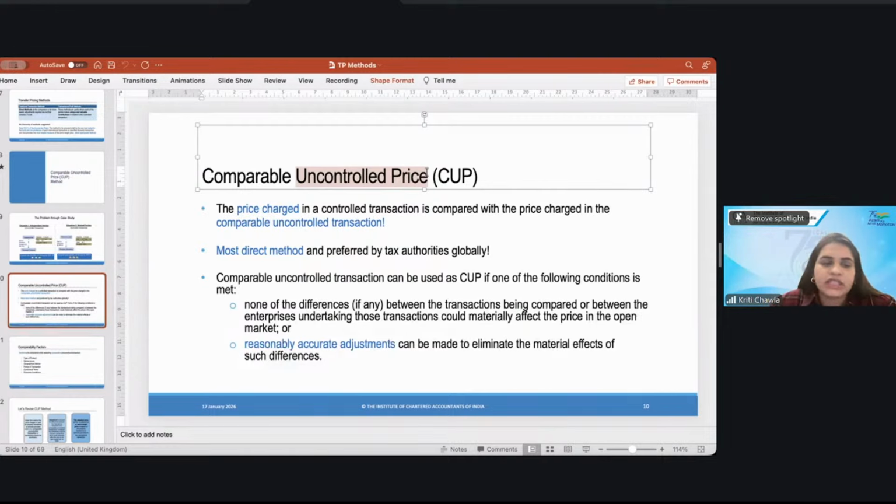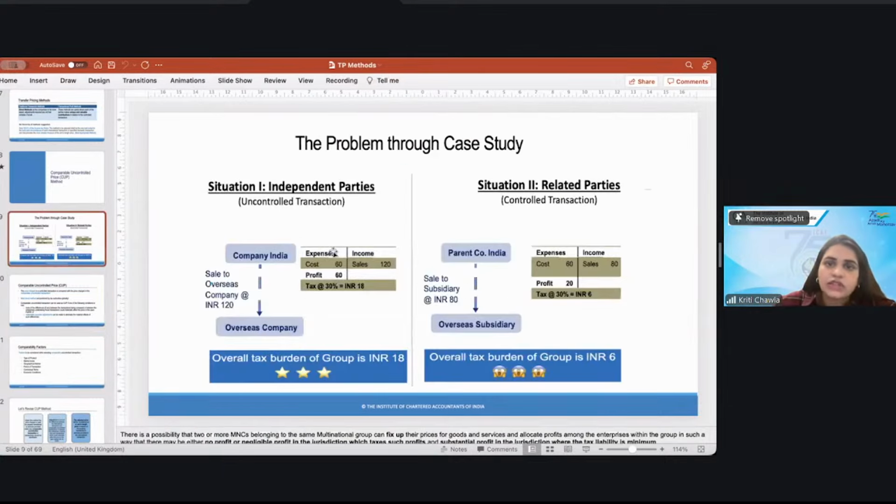It's the most direct method. And then there were these adjustments that we were discussing. So the CUP method basically said that there should be no differences between the independent party situation and your situation. As an example, between this party and this party, in these two situations there should ideally be no difference. However, if there is a difference, can you adjust these differences using some adjustments?